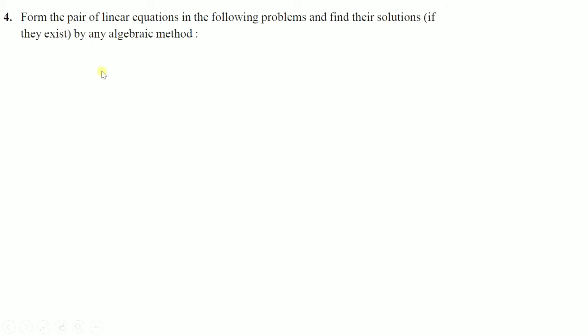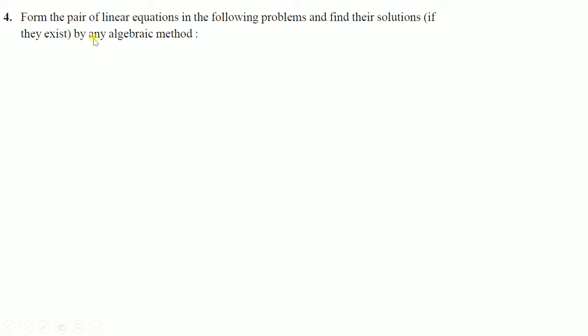Okay, question number 4. Form the pair of linear equations in the following problems and find their solutions. First of all, that means we have some English statements. Those English statements we are asked to convert into mathematical statements and then find their solutions if they exist.